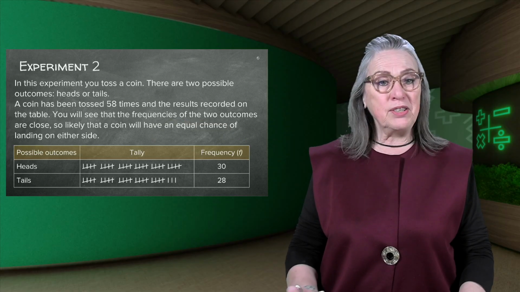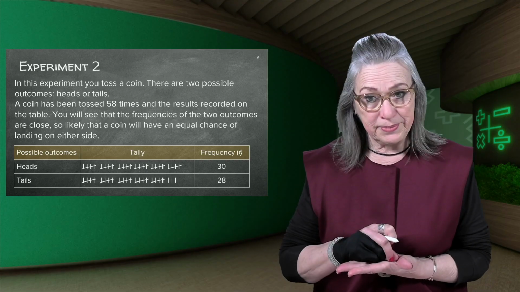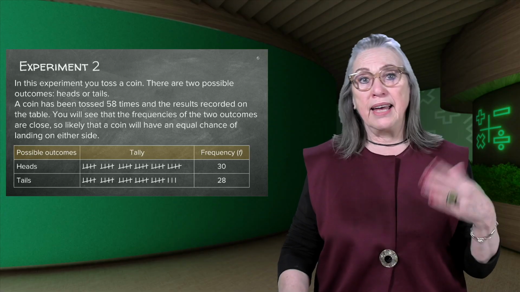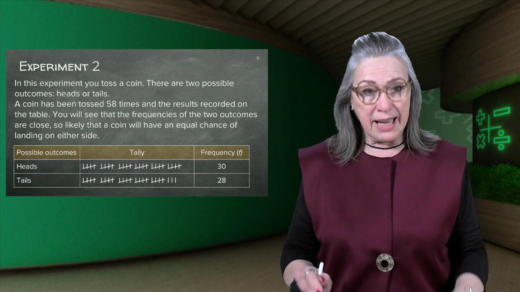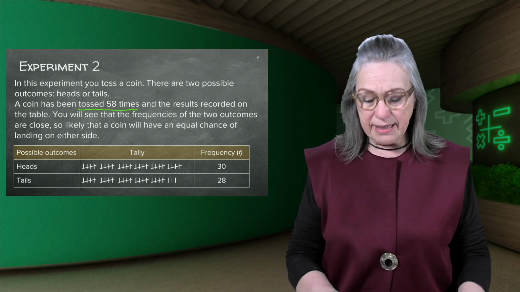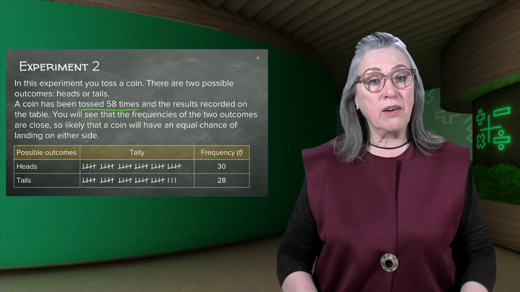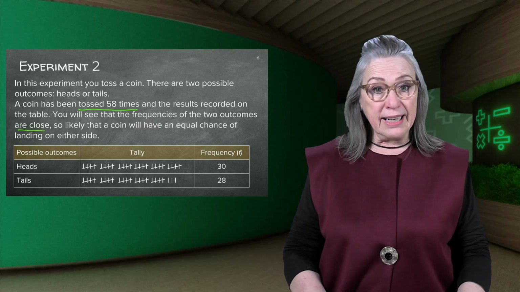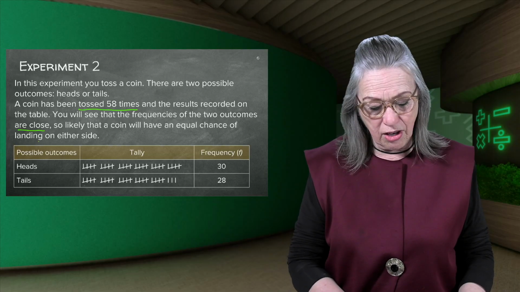Right. Let's do another example. For example, if we toss a coin, there are 2 possible outcomes. You agree with me, right? We can only have heads or we can have tails. Now, in this experiment, a coin has been tossed 58 times and the results were recorded. So you will see here, the frequency of the 2 outcomes are very close. So likely that a coin will have an equal chance of landing on either side.